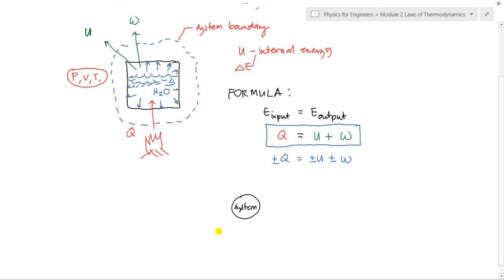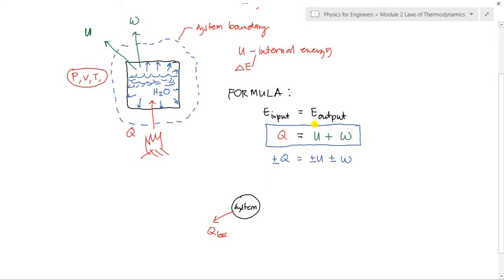Mag-negative si Q if init na siya daan, nagpagawas siya og heat. Okay? So we have Q out. Ang pasabot anang nagpagawas siya og heat, that is heat loss. So gawas. So therefore, kani sila depende sa direction kung unsa gi-add sa system. Now if nag-input ka sa system, that would be positive. If nag-output ka sa system, or nagpagawas ka, that would be negative.